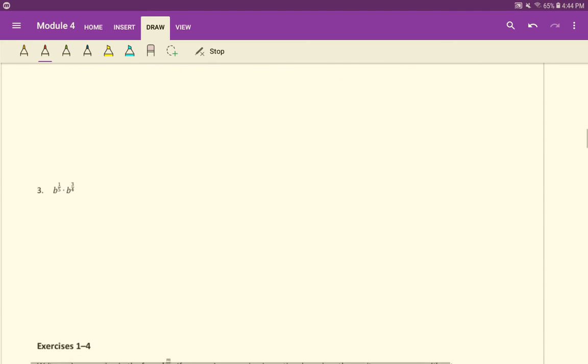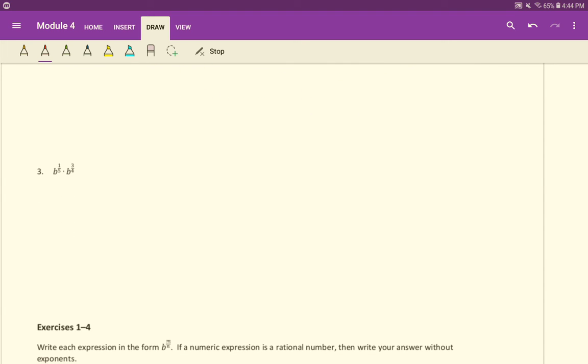Okay? And in this one, if we rewrite these as radicals, we're going to run into a problem here because we have the 5th root of b and the 4th root of b from the b to the 1/5 and the b to the 3/4 there.